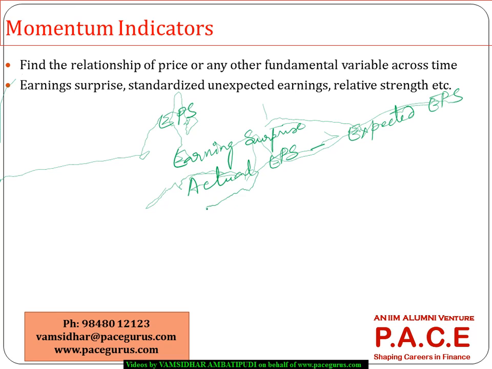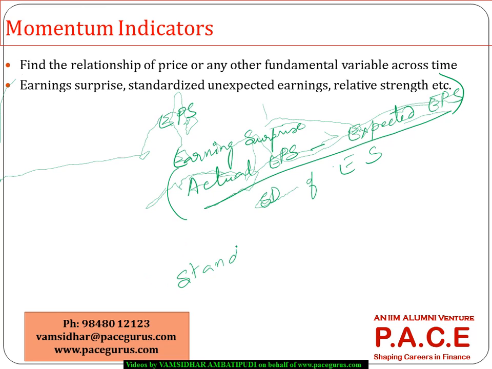And sometimes I even take the standard deviation of the earnings surprises. So for each period we take the earnings surprise and divide it by the standard deviation of the earnings surprises, which could be a definition of standardized unexpected earnings.